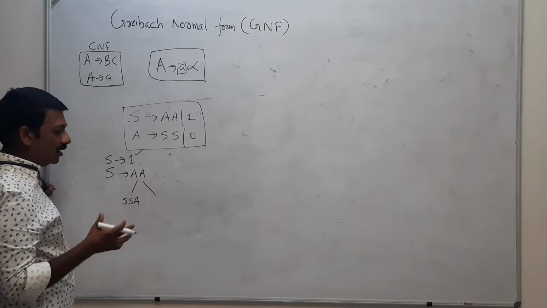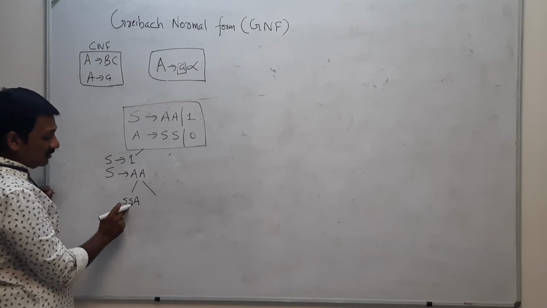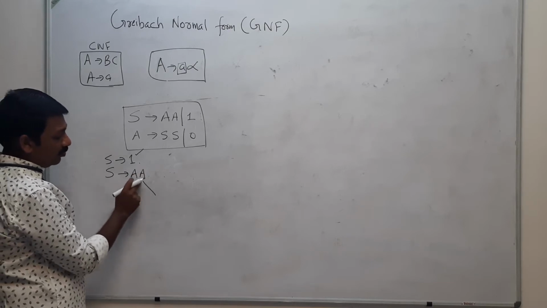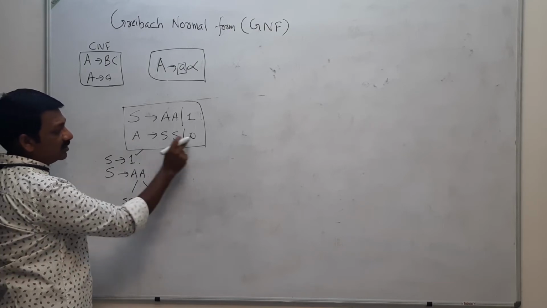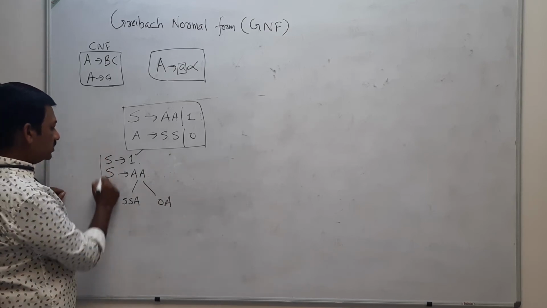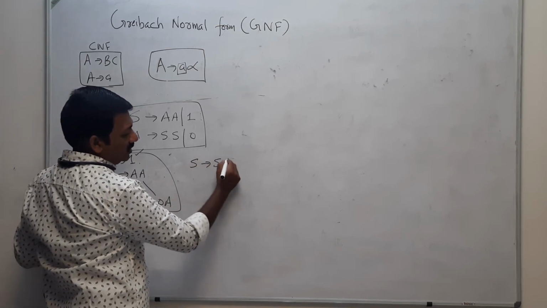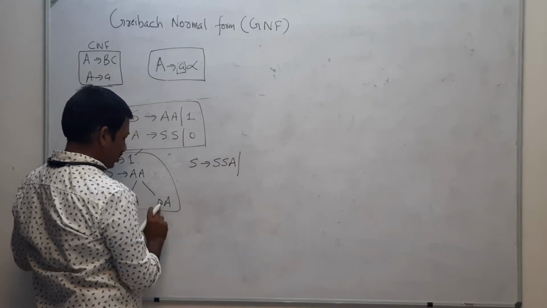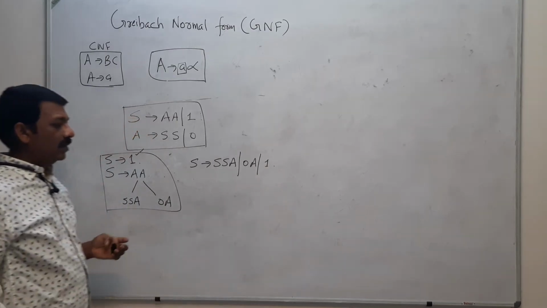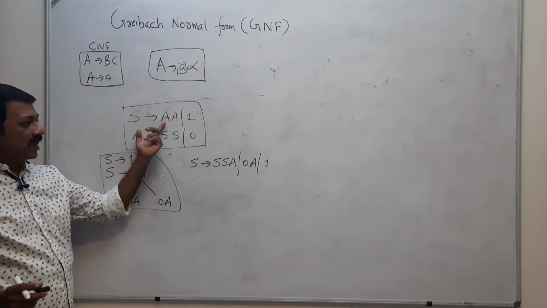You need not bother about the right A. The left A you are going to replace with SS, giving SSA, and another option is this A is replaced with 0. That will be 0A. Now the set of production is like this. S derives SSA or 0A or 1.